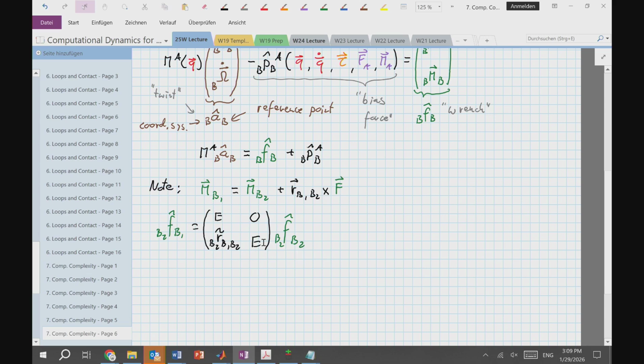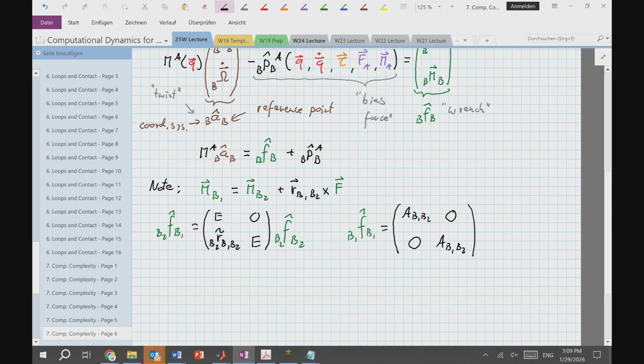I can, along the same lines, think about a coordinate transformation. If I want to go from one coordinate system to another, and this one is now easier because all I have to do is take a coordinate transformation on the force component and a coordinate transformation on the torque component, and those two are of course the same.